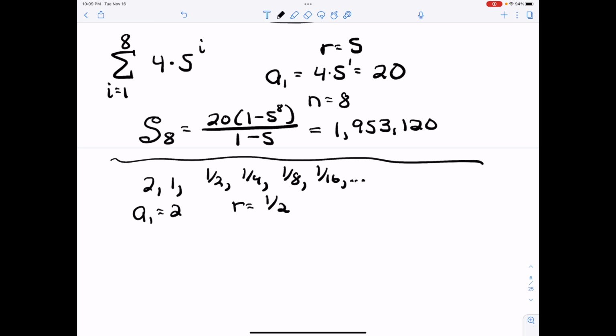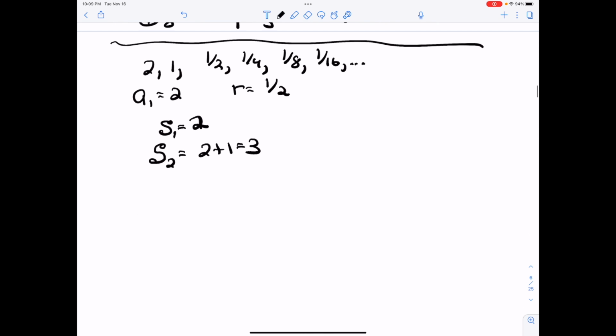If we start looking at the sums, S sub 1 is 2, sorry. S sub 2 is 2 plus 1, which is 3. S sub 3 is 2 plus 1 plus 1/2, which is 3.5.